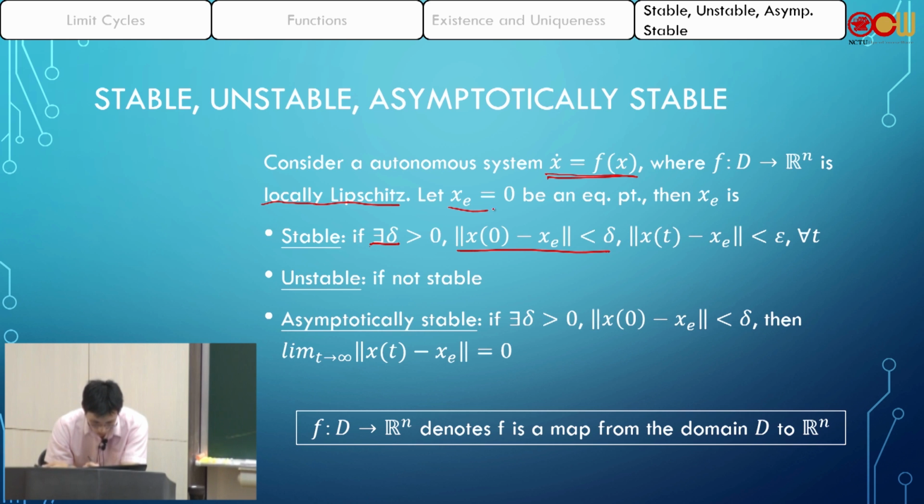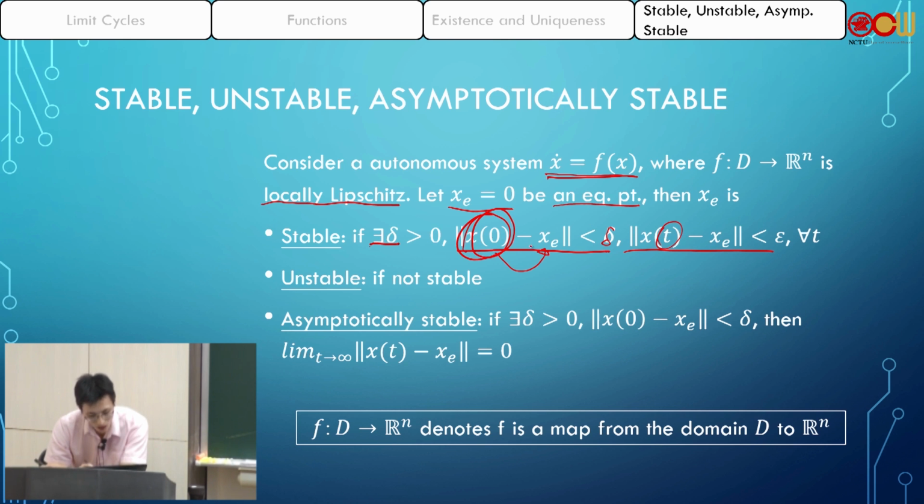Then xe is an equilibrium point if, when your initial condition is around this equilibrium point, as close as possible, then for any time t it stays around it.